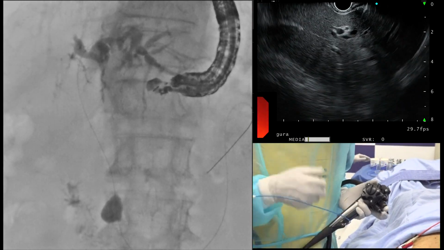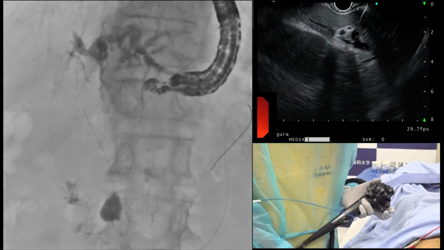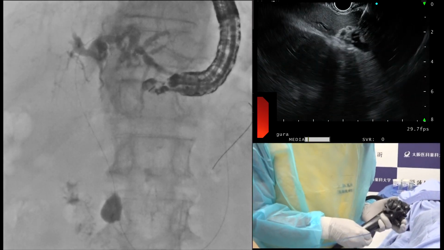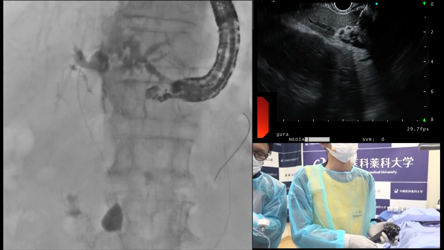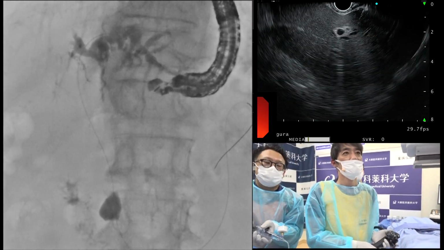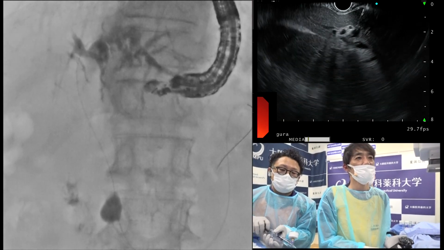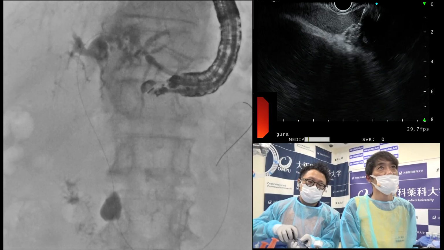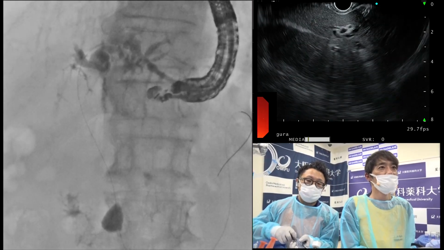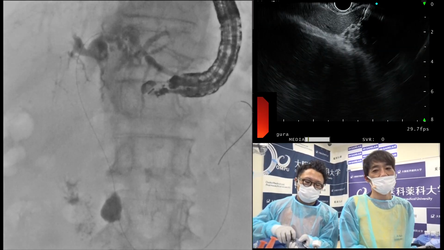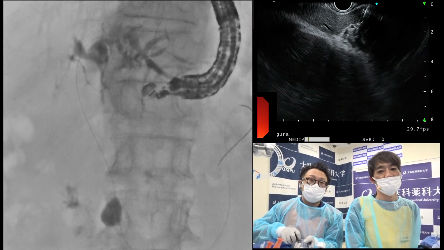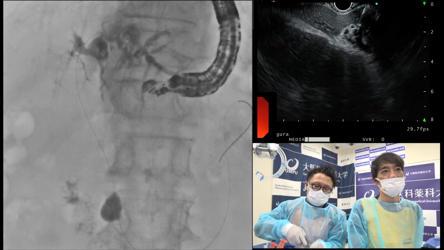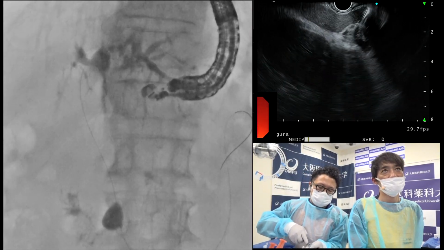Okay, direct. So you don't deploy the antegrade stent combined with hepaticogastrostomy in your clinical practice? How about Anthony? Yeah, so actually if the patient has a duodenal obstruction, we may perform both at the same time, because after the HGS, the bowel drains into the stomach, which may cause vomiting.